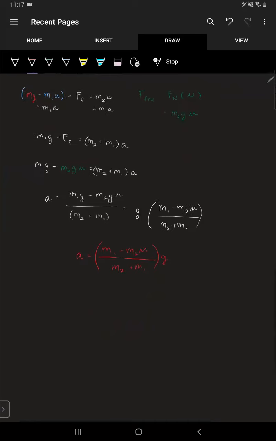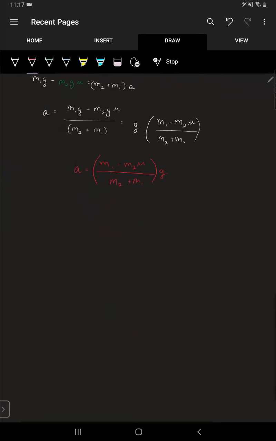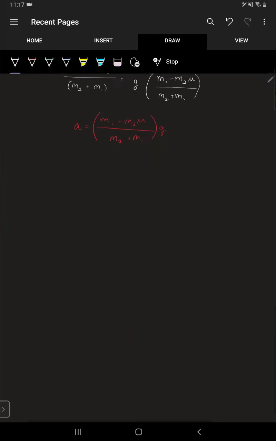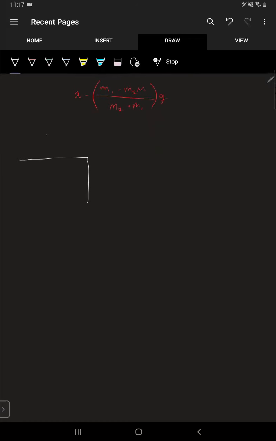Now, for your daily check-in problem, the second one rather, I want you guys to, given a half Atwood machine, let's say we have this, and this is M2 and this is M1.